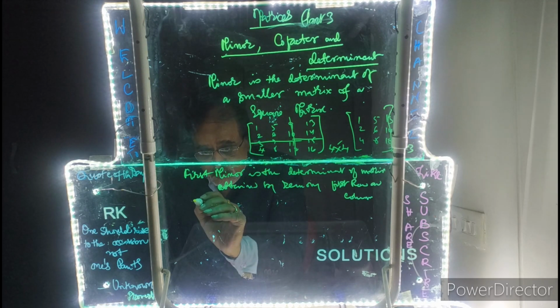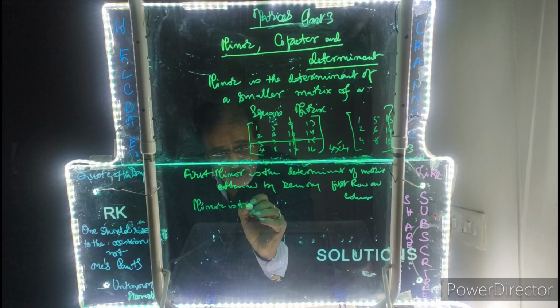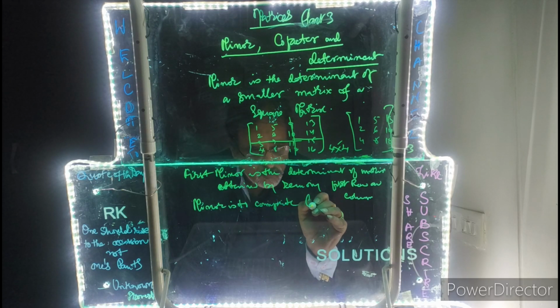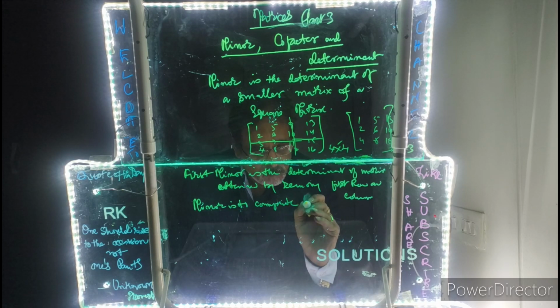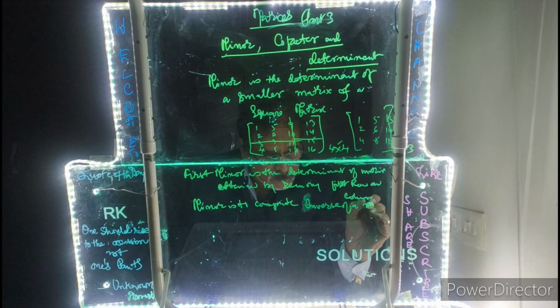And the use of minor is to compute the cofactor. Minor is to compute the inverse of a matrix.